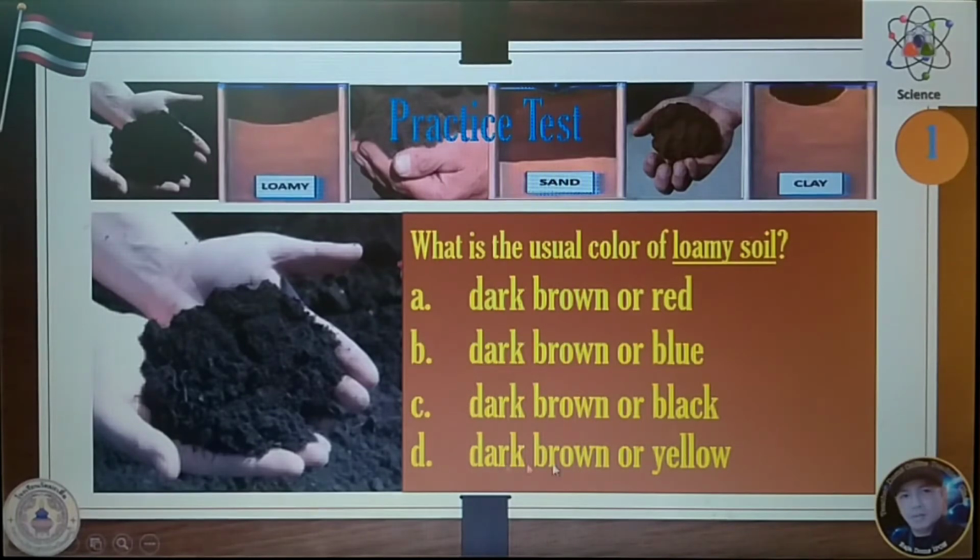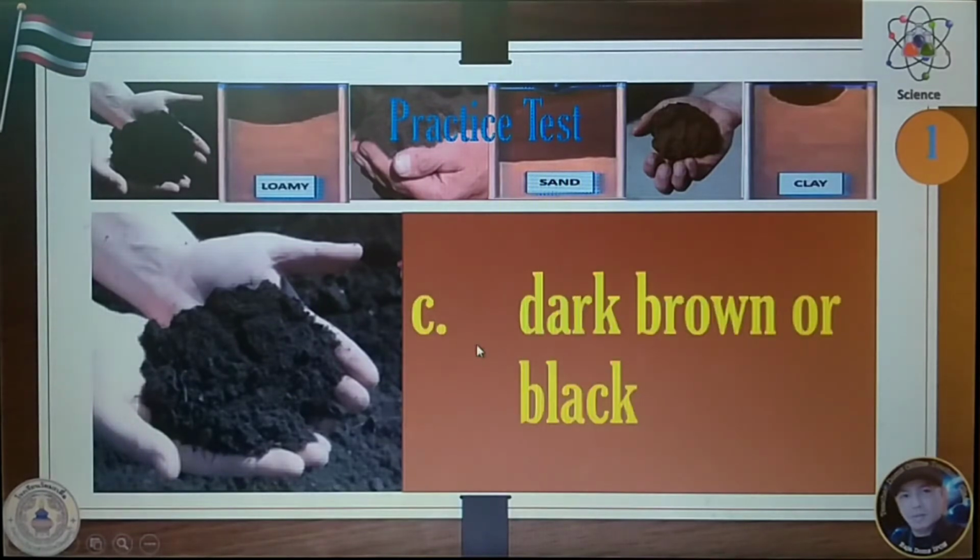D. Dark brown or yellow. The answer is C. Dark brown or black.